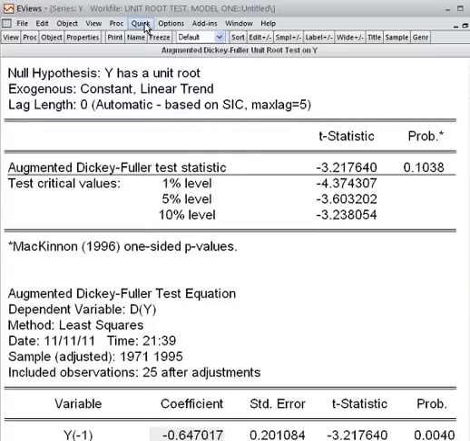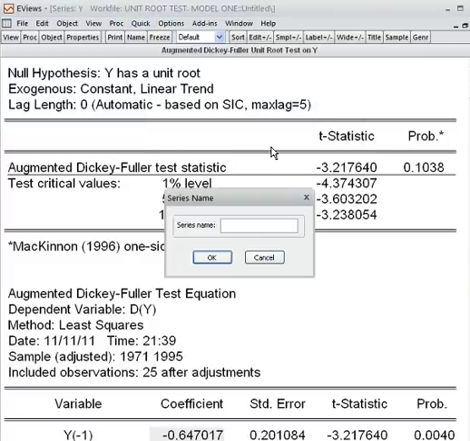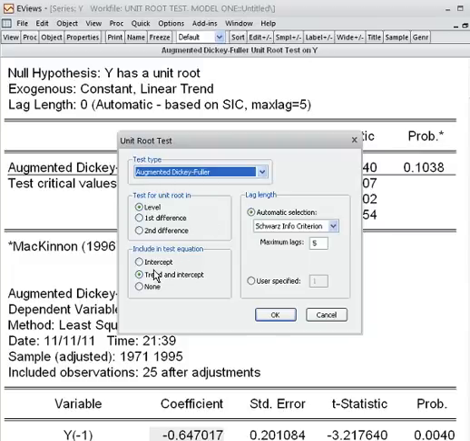Now we check the third one. Series statistics, unit root test. I put y, then okay. Intercept we checked, trend and intercept we checked. Now we check the none. None means the model does not have any intercept or any trend. And we are doing it in the level form as before. Now click on OK.